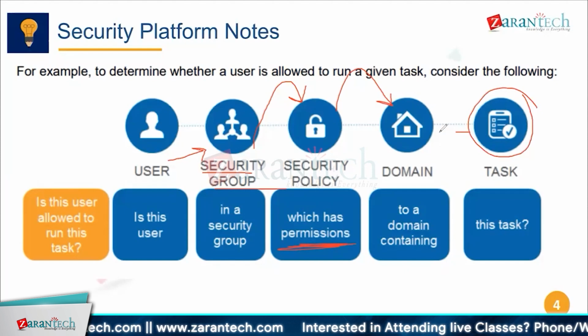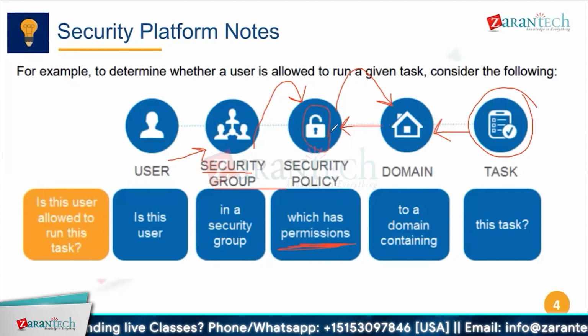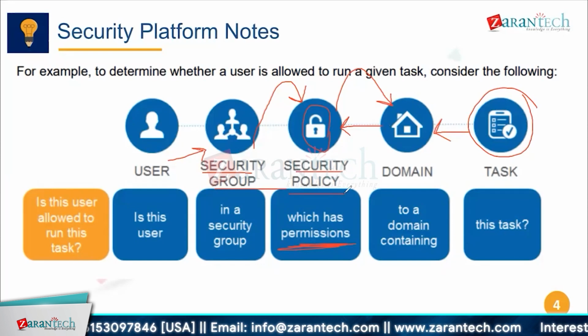So this task is definitely secured in a domain. And the one thing that we're checking here is whether the security policy directly associated with that particular domain has this group as a member. So everything comes down to your security policy, whether it's a business process or a domain security policy. You want to give them access, it all comes down here.